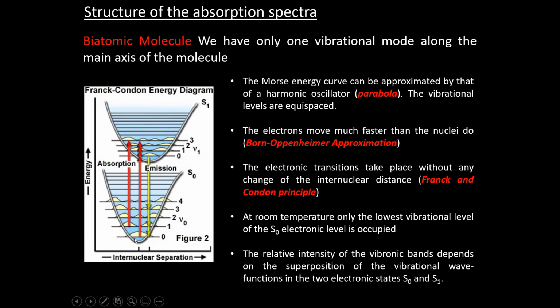Now, what happens when a molecule is not excited, at room temperature? It will be in this electronic level, in the first vibrational level here. And if you send light on this molecule, it can make a transition up to one of these excited levels.